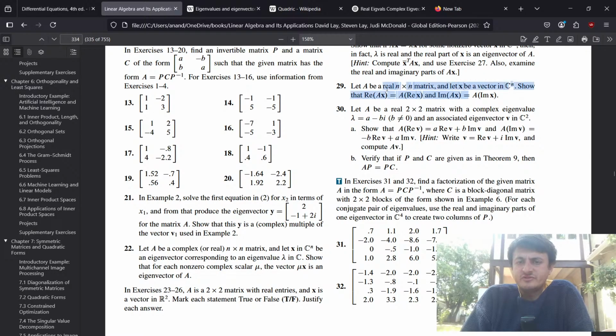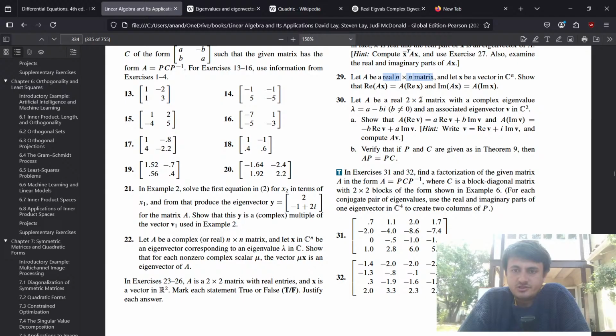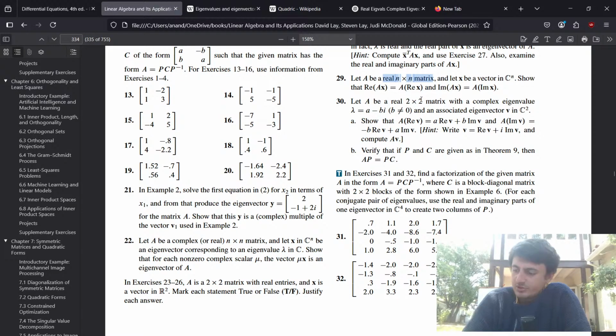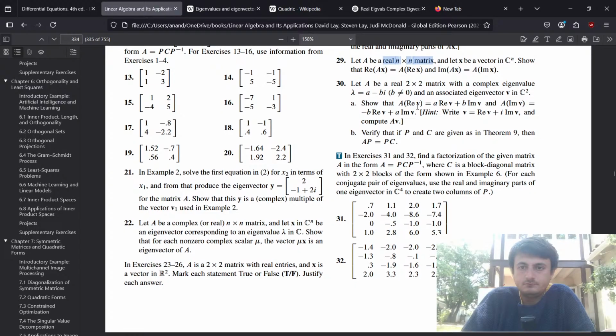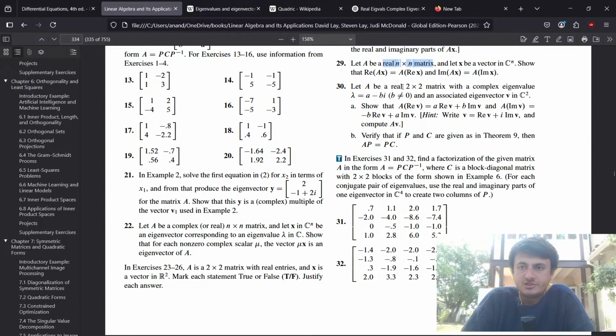I didn't know that this was true. This is only true if A is real. They should also have a part B that says show that it's not true if A is complex, because I'm pretty sure it's not. Let A be a real 2 by 2 matrix with a complex eigenvalue and an associated eigenvector v.